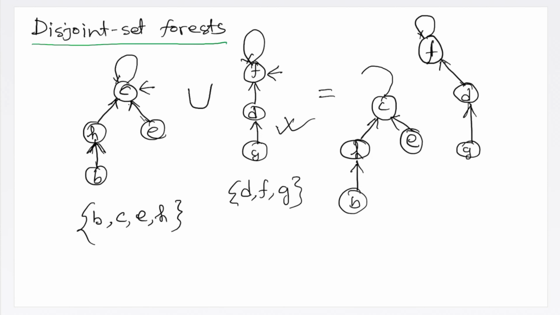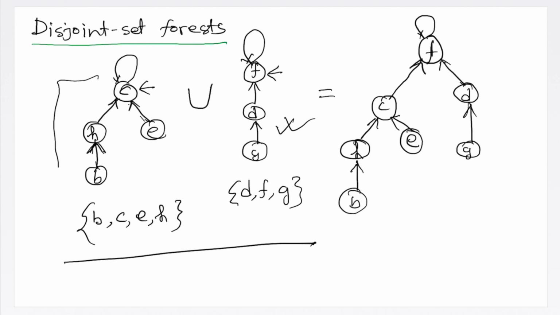Now, instead of looping back to itself, since C will become the child of F, basically C will point to F. And this is how we merge these two sets in a disjoint set forest representation. There are a few more items associated with this union, which we will discuss pretty soon.